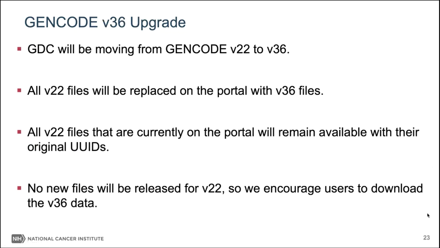So we do encourage users to download the version 36 data and switch over if you're anticipating using files in the future. If you are involved in an analysis working group, I would encourage you to reach out to the GDC if you haven't heard instructions on how this will affect your files. But this is just a layout for what will happen for conventional users.